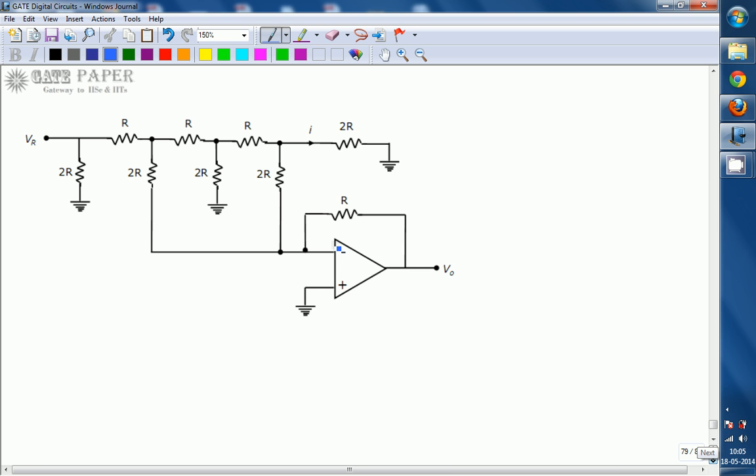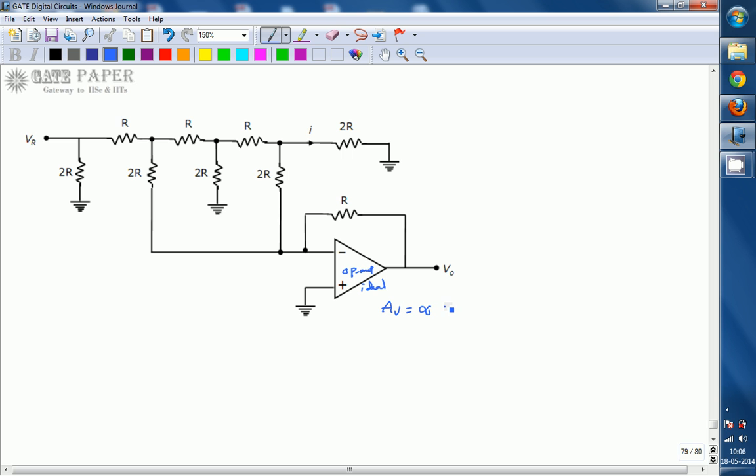It is an op amp circuit, and we assume the op amp to be ideal. Nothing is given about the op amp, so you can directly assume it is ideal. For an ideal op amp, AV is equal to infinite, voltage gain is infinite, which makes the input difference 0.